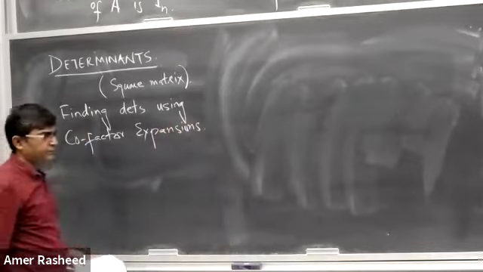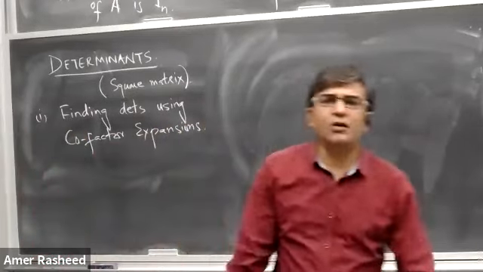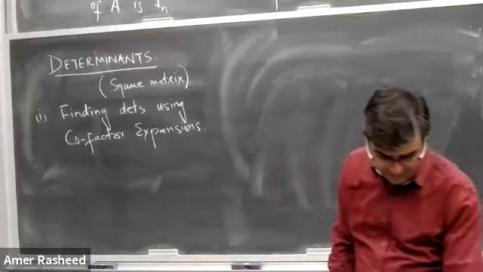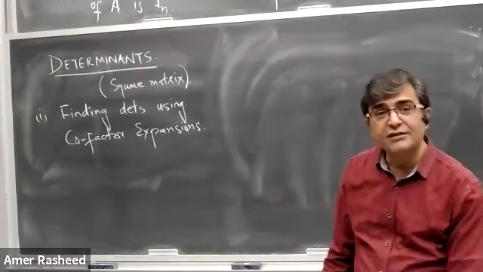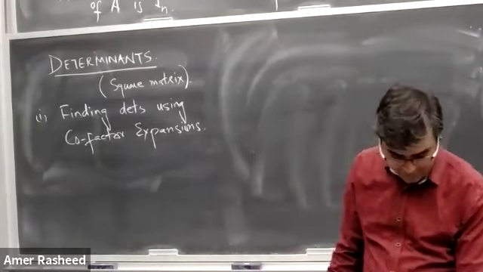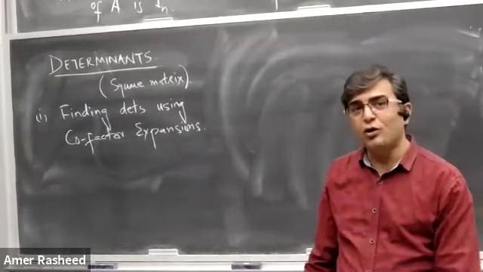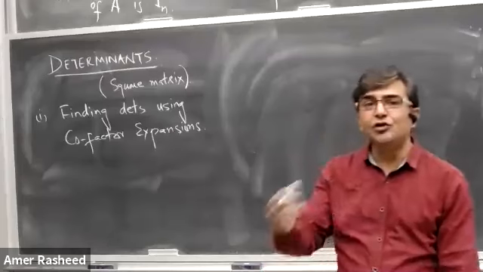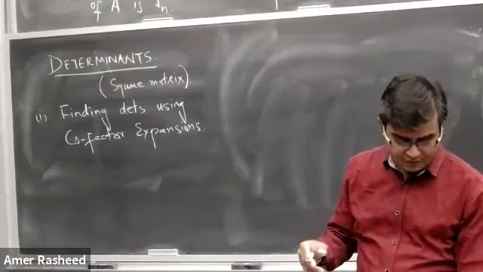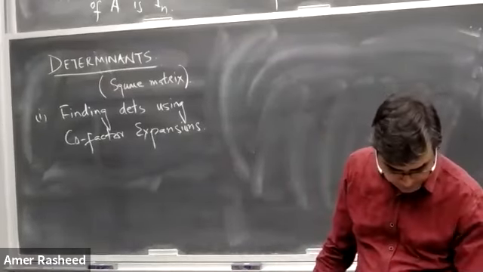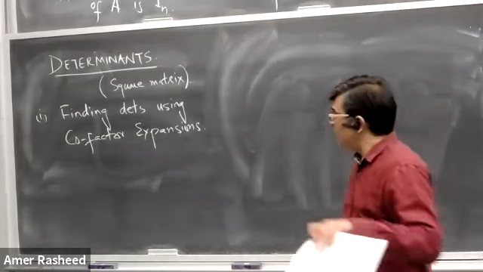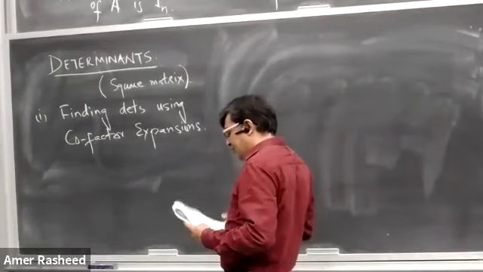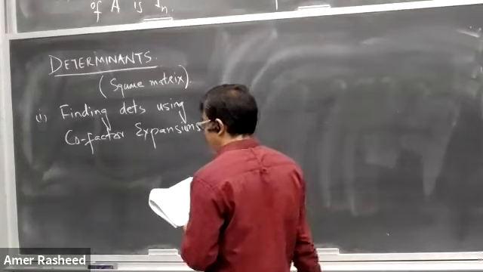The second is that we can also use elementary row operations to find the determinant of any given matrix. But the elementary row operations in this case would be slightly different than the usual elementary row operations which we have discussed earlier.